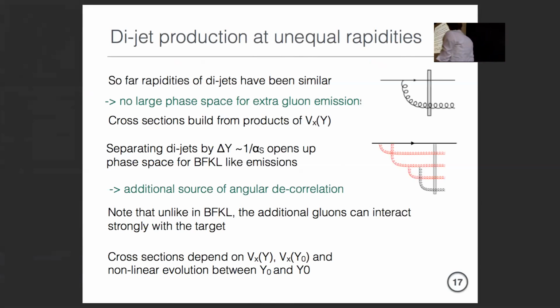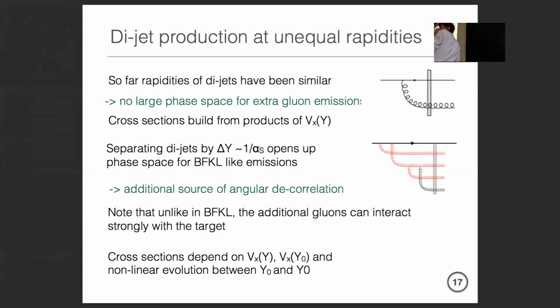Now, of course, the more interesting case, and as I argued this is something you can potentially look at the LHC, is if you start to open up the rapidity gap between these two dijets, and then open up the phase space for having extra BFKL-like emissions in between the two dijets. This is interesting for a number of reasons.